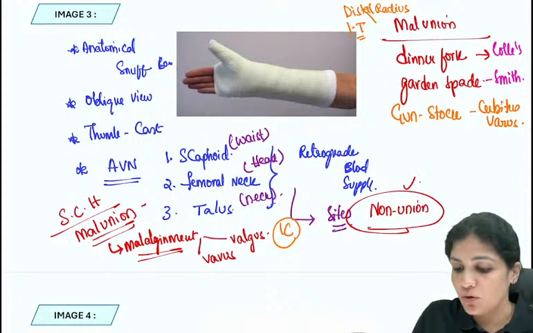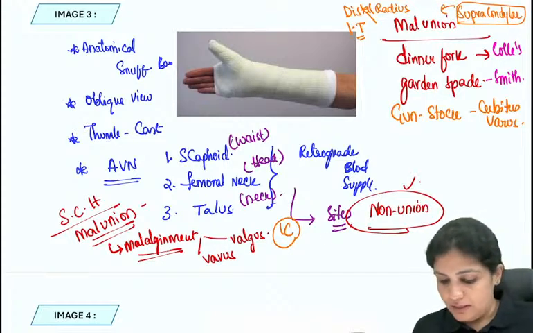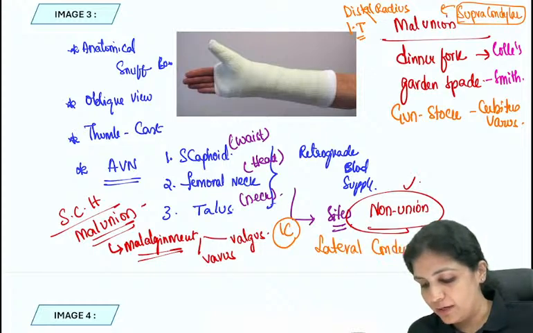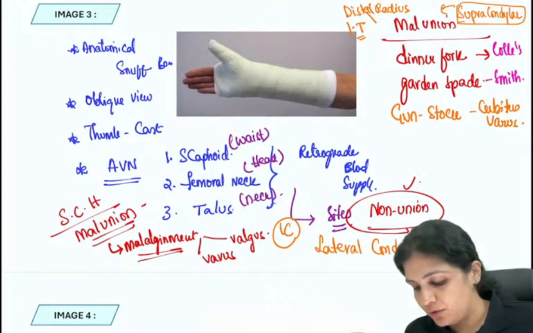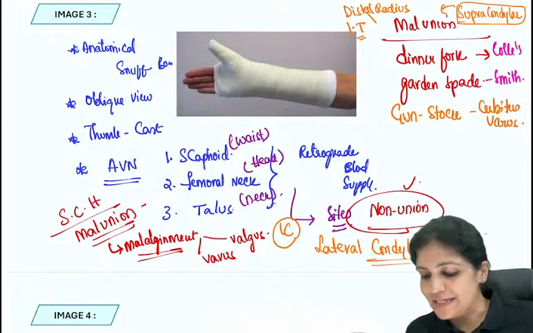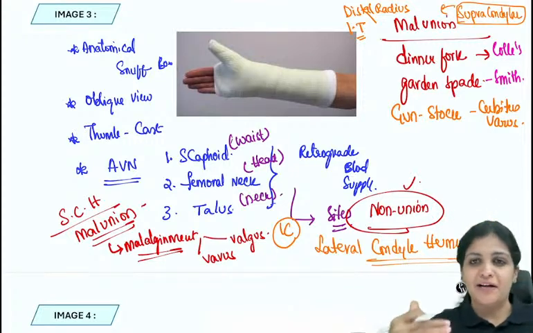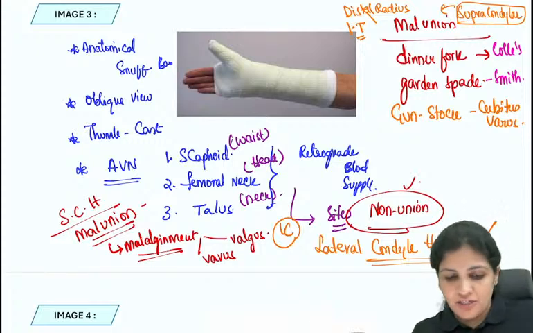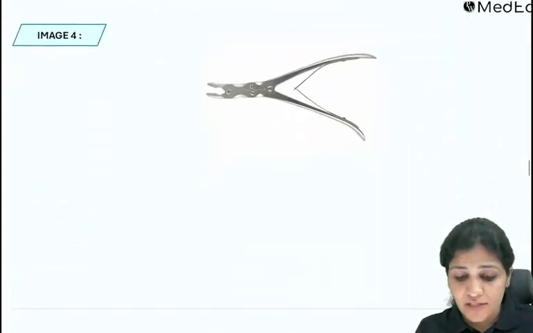Lateral condylar is non-union. One more site you can add: the lateral condyle humerus is intra-articular. So something which is intra-articular is always prone to non-union, right? Good, understood?